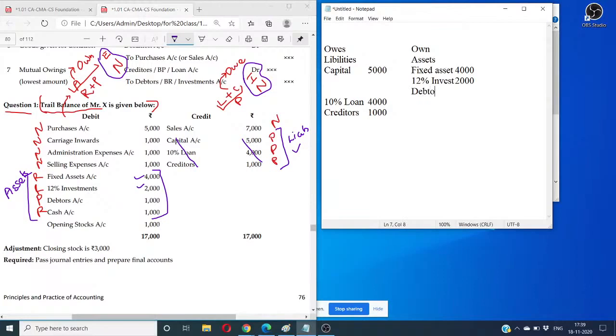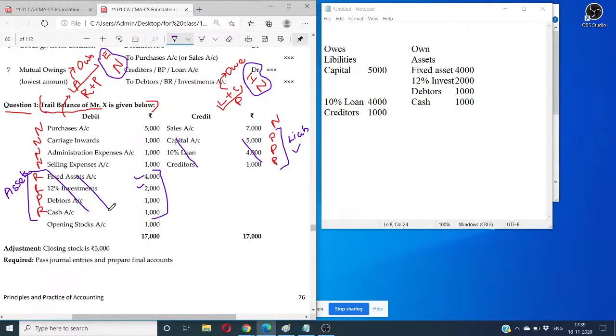Debtors 1000 rupees. Apart from that, we have cash balance being 1000 rupees. Is it clear? So these items are recorded.